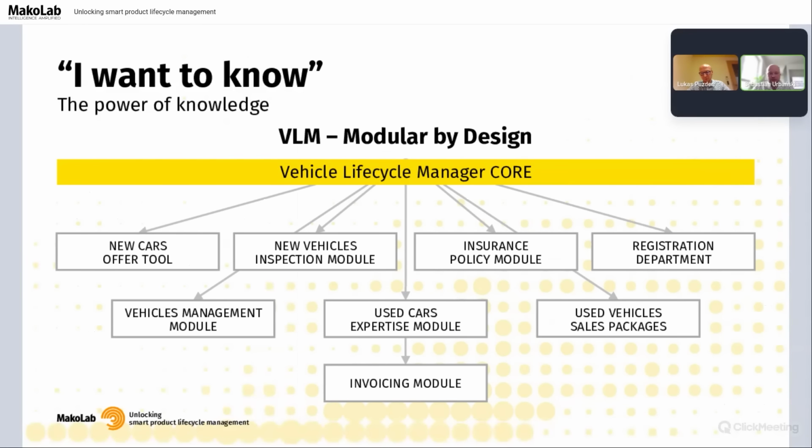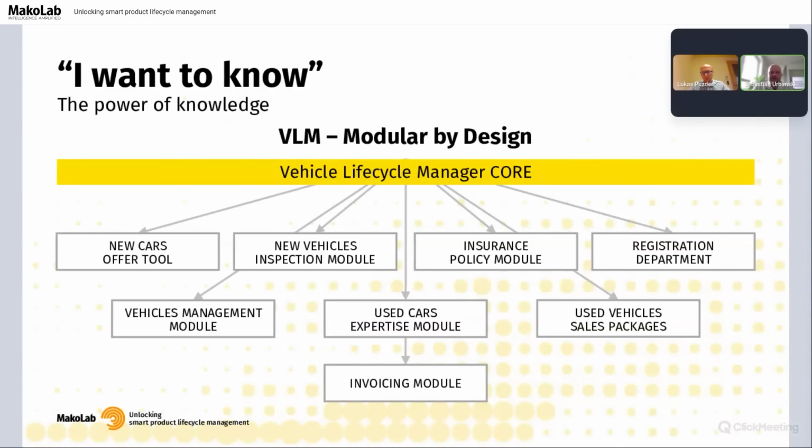How is it working? At this moment in our solution, we've got many models dedicated to separate types of users. For example, we've got a separate tool for offer creation for new vehicles. We've got an inspection module for when we are transferring the vehicles from the manufacturer to, for example, Poland or any country in Europe.